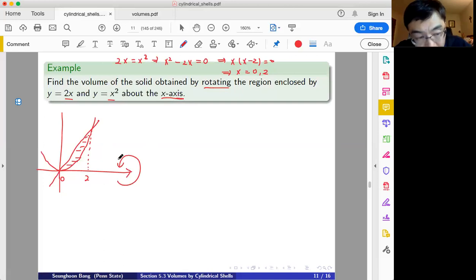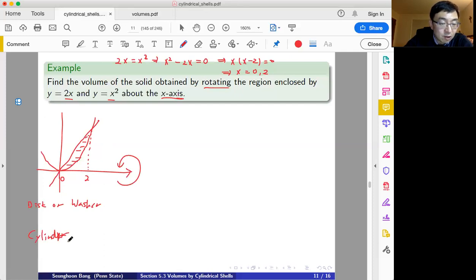So you have to decide which method is better: the disk or washer method, or cylindrical shells. Which one do you want to choose? Disk or washer method, or cylindrical shells.